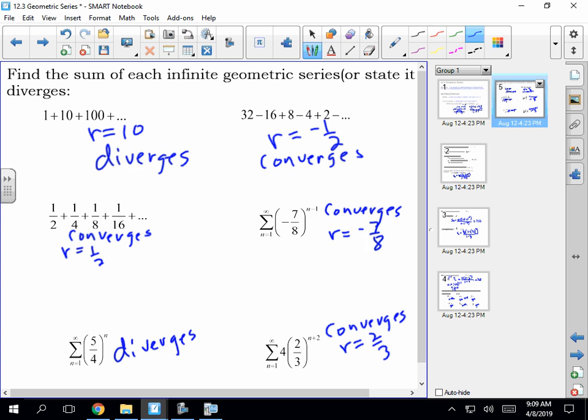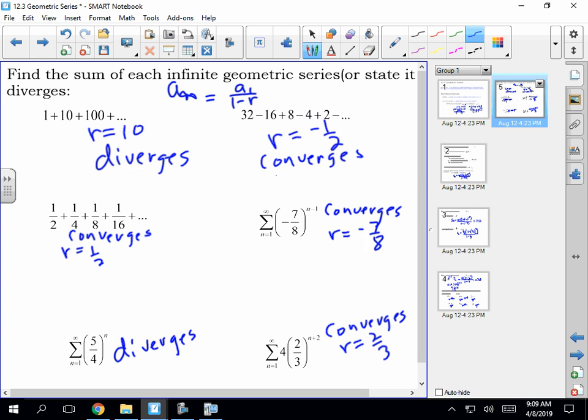So the formula for a convergent geometric series, I'll write it down up here maybe, a sub infinity equals a sub 1 over 1 minus r. So all we need is the first term and the r. Pop them in and you can find what it converges to.